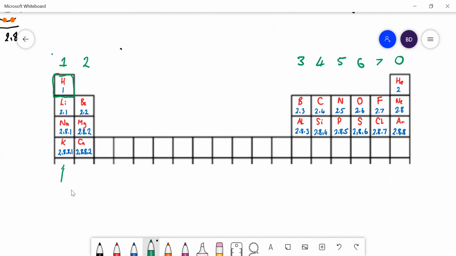Group 1, all those elements, the alkali metals, they've all got 1 electron in the outer shell. Lithium is 2,1, sodium 2,8,1, potassium 2,8,8,1, and so on. Group 2, yeah, they all end in 2 electrons in their outer shell. Group 3, 3 electrons, and so on till we get to the noble gases, and they have got a full outer shell.